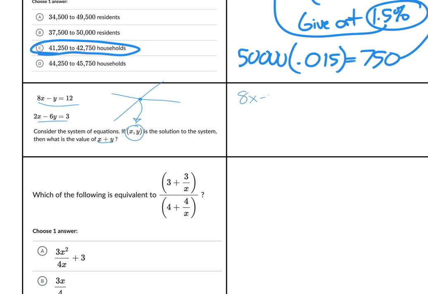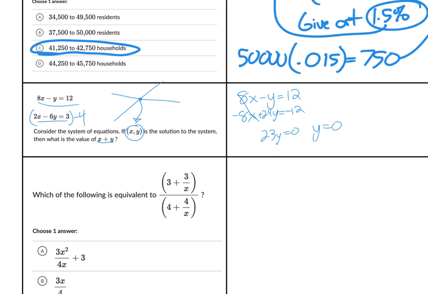I'm going to remind you of elimination. So I'm going to multiply this bottom one by -4, because that's going to give me -8x plus 24y equals -12. So that cancels. So I get 23y equals 0. That means y has to equal 0.